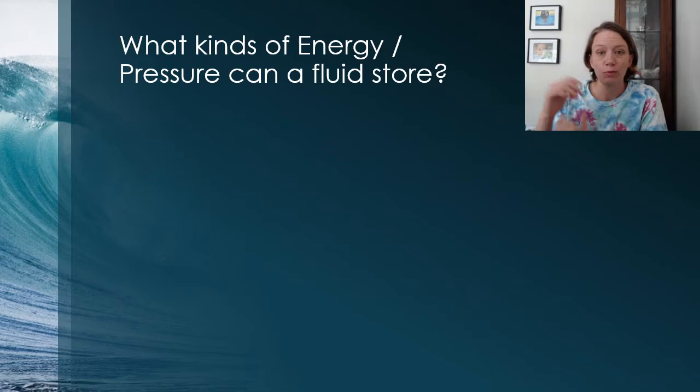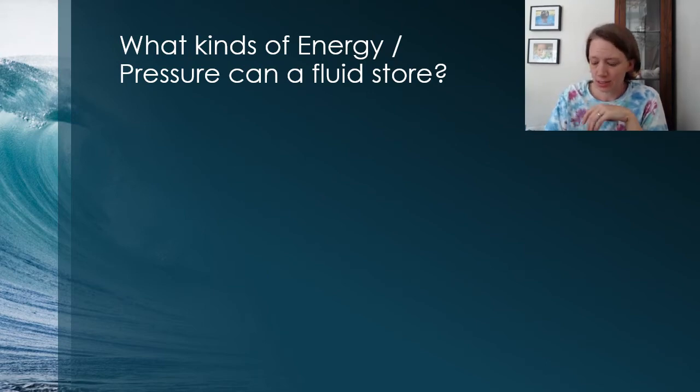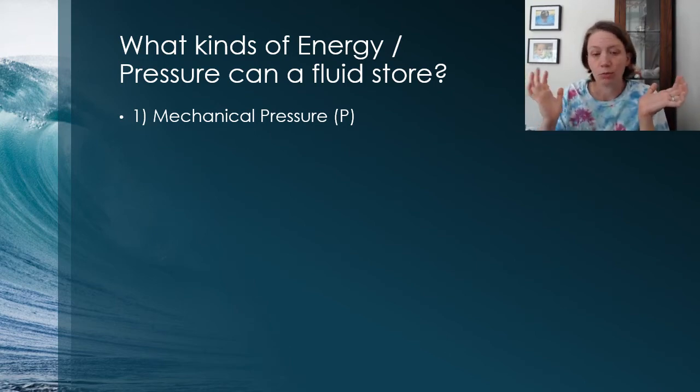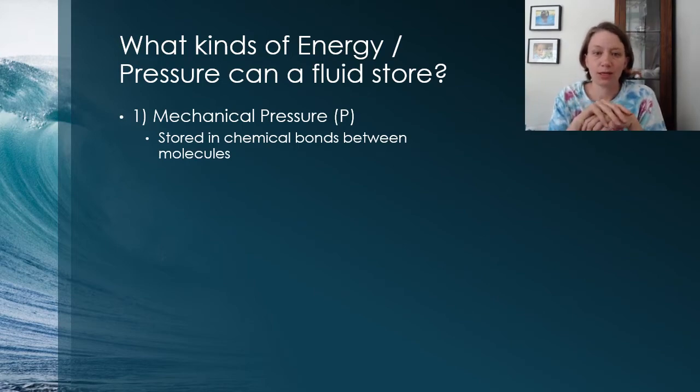So you've already heard me reference a handful of different kinds of energy. There are actually 3 different types of energy that we can store in pressure in fluids. And the first one is the one we're familiar with already. It's the mechanical pressure stored up in the fluid, which is represented by a capital P in equations.